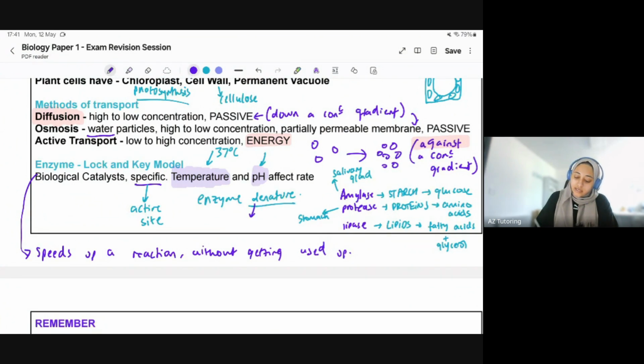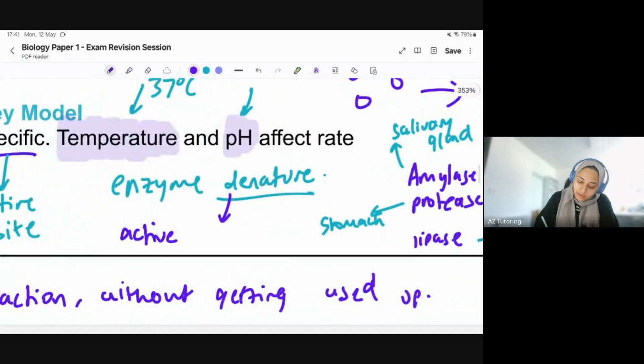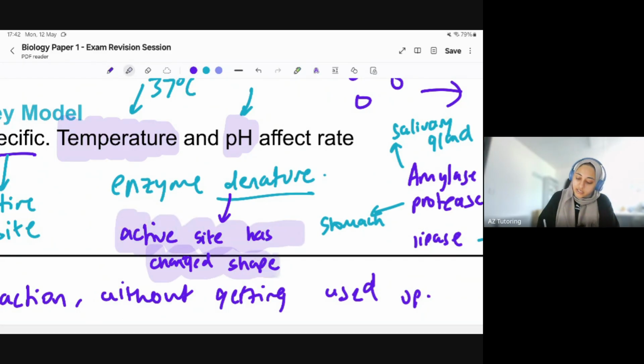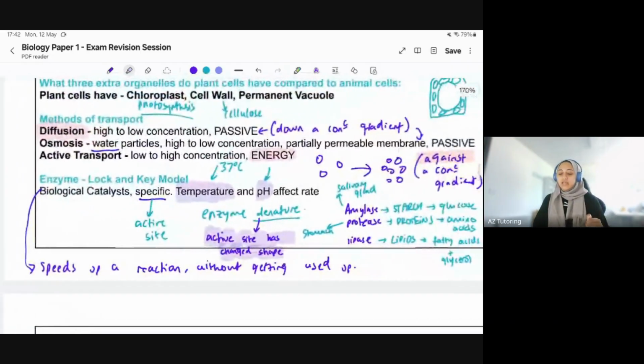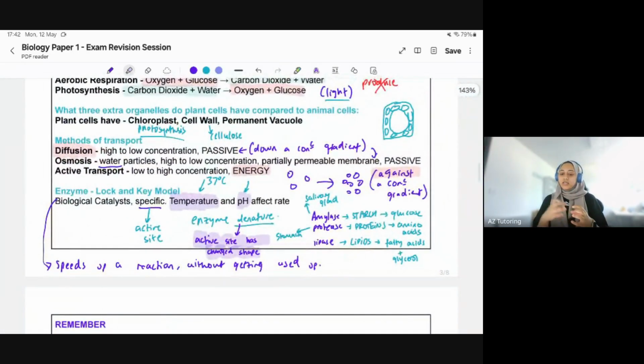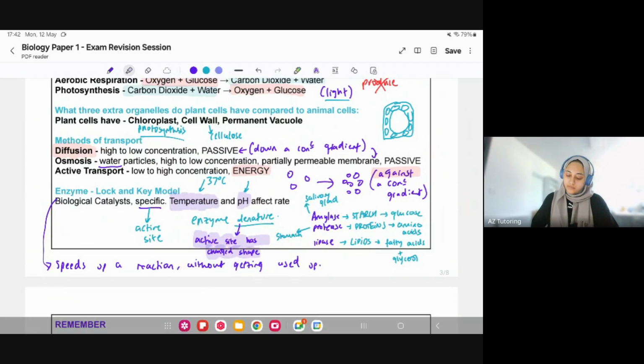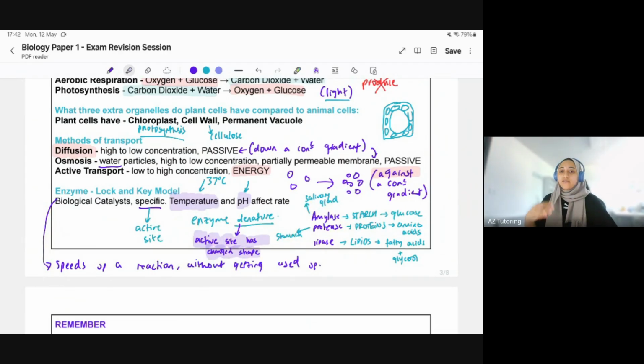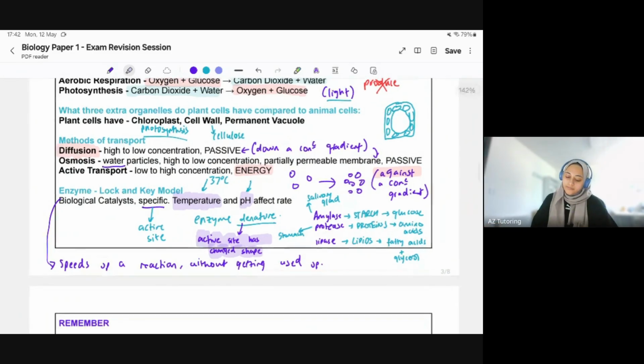The enzyme denaturing means the active site has changed shape. That's really important to mention. So if the active site has changed shape, then the enzymes are no longer functional because it can't take the substrate on. The shape has been changed, so therefore it can't get broken down.